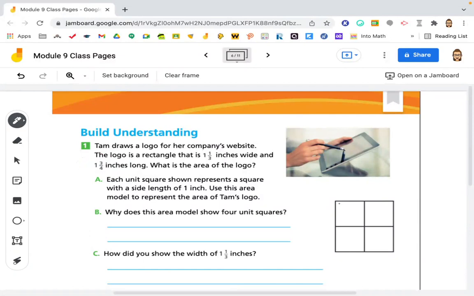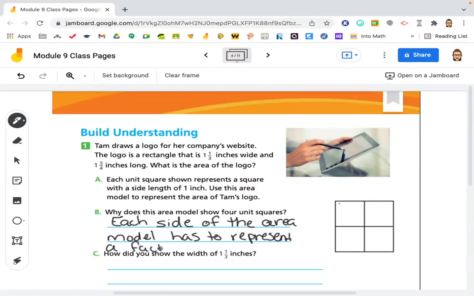So each side of the area has to represent a factor greater than 1, but less than 2.